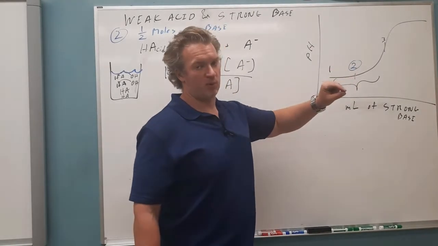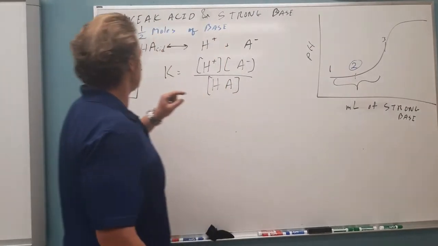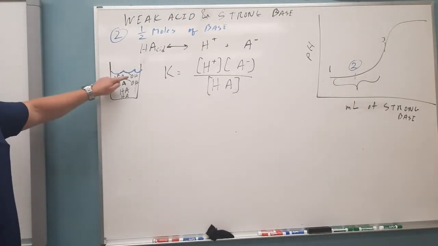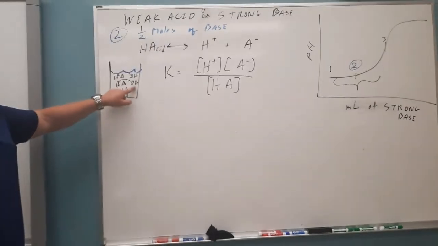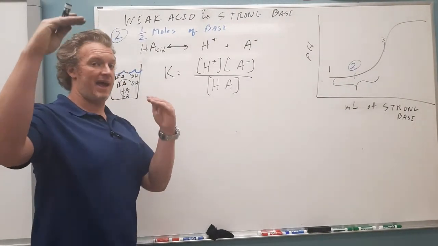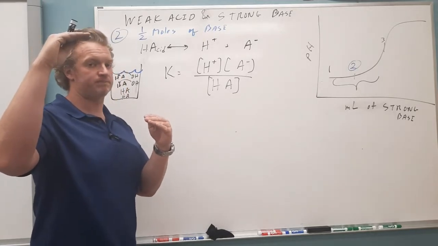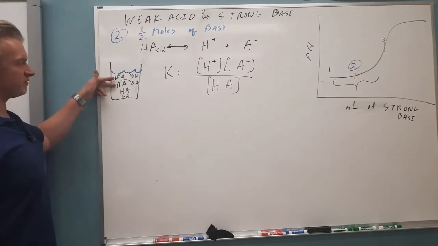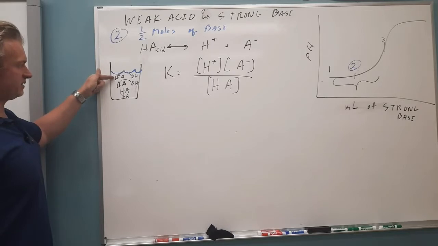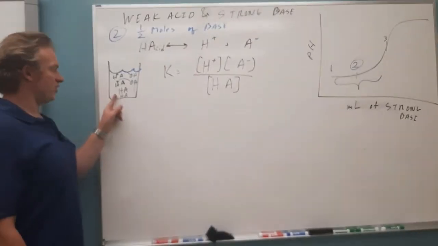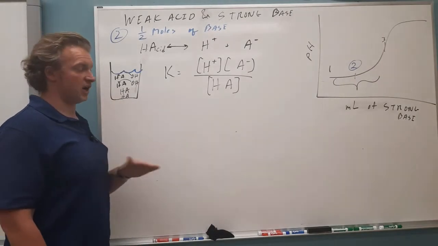At the half equivalence point, we know that the moles of acid is double what the moles of base are. So we say there's half the amount of moles of base, so it's the half equivalence point. At the half equivalence point, this atomic vision picture shows that half of the acid has reacted with the base, and the other half of the acid remains unreacted.